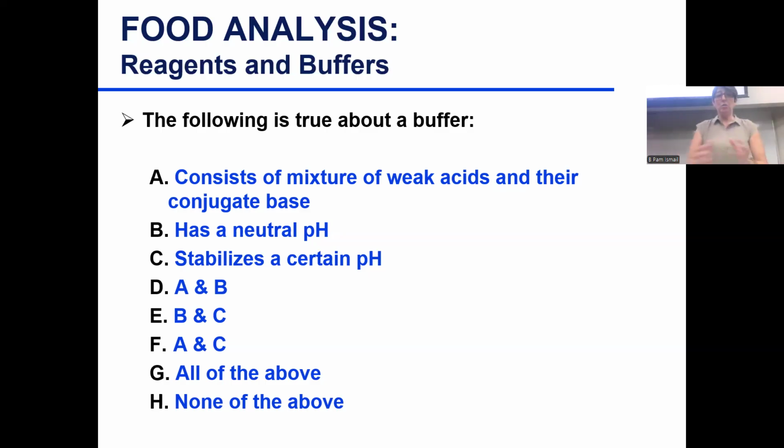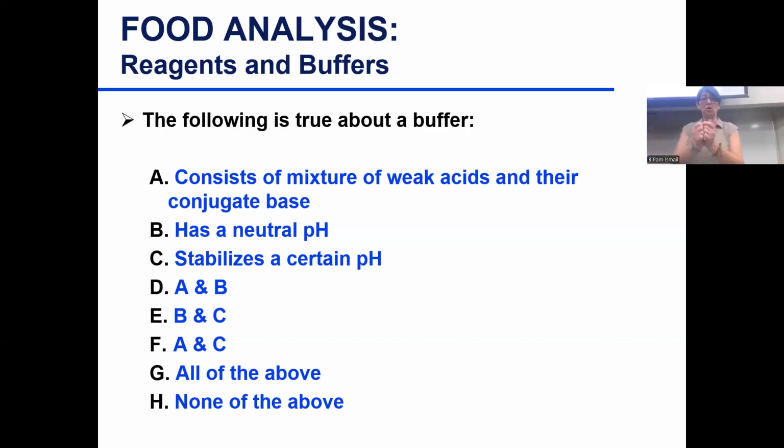So in the buffer, you have a combination of those: the weak acid and the conjugate base, and that's why they stabilize the pH. When the pH changes, let's say you're titrating with acid and you have a buffer, as protons go into the solution, your conjugate base is going to snatch that proton. If you're titrating with base, NaOH for example, OH minus goes into the solution, and your weak acid is going to give a proton, which stabilizes the pH.